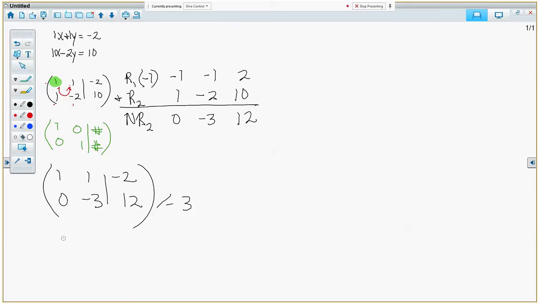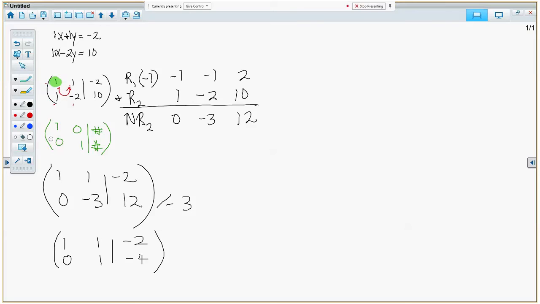So now I've got 1, 1, -2. And what's our new row 2? 0 divided by 3 is 0. -3 divided by -3 is 1. And 12 divided by -3 is, there's our new matrix.